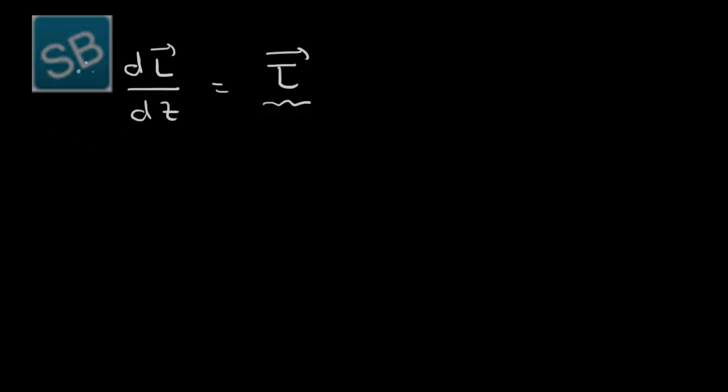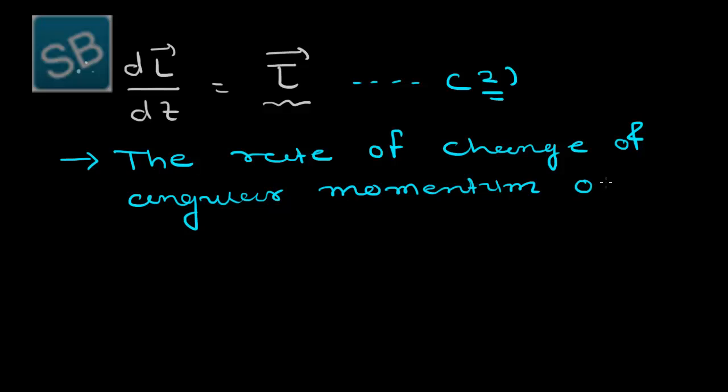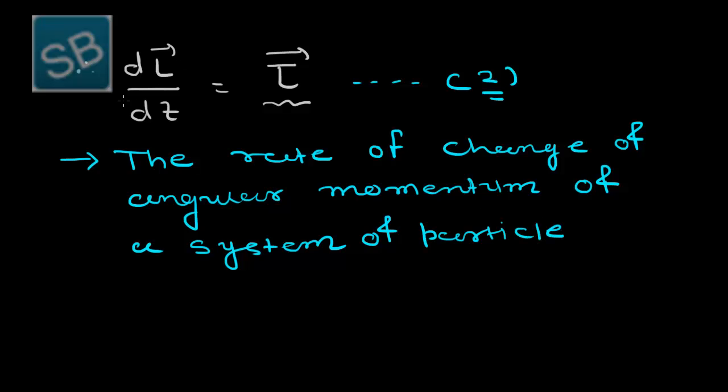Now in the statement I can write this equation number 2 as: the rate of change of angular momentum of a system of particles with respect to time, this particular quantity you have to remember, is equal to the resultant external torque.